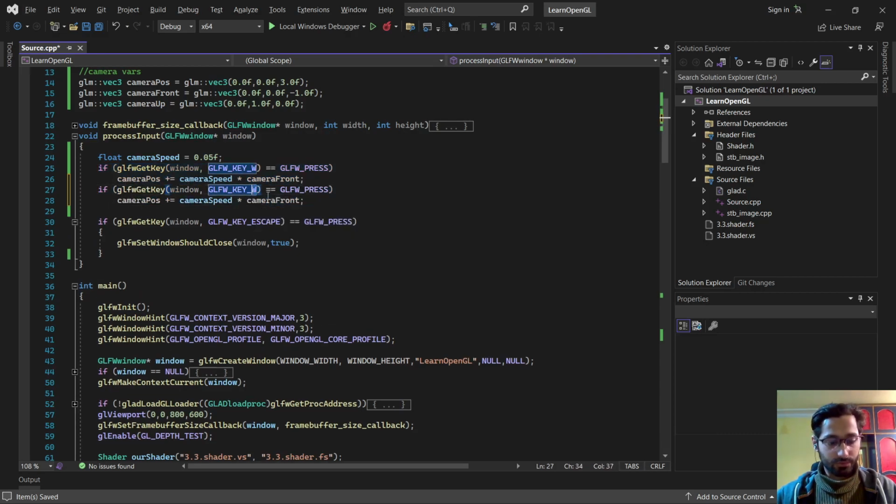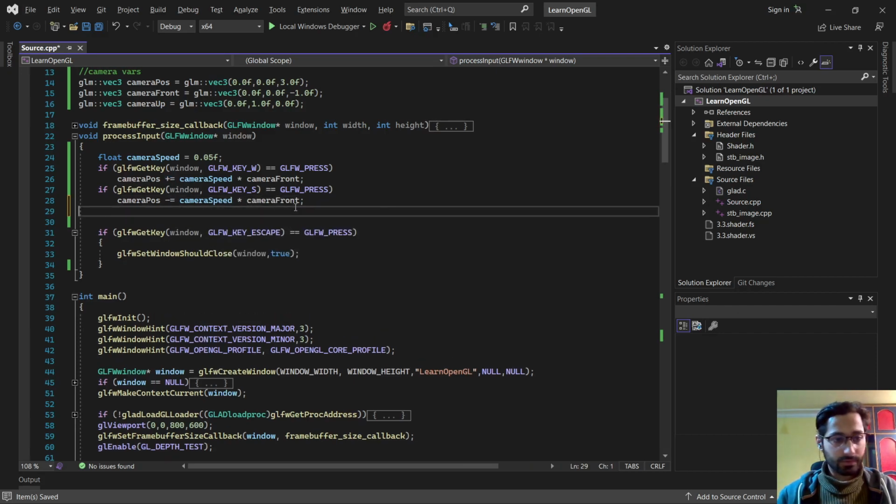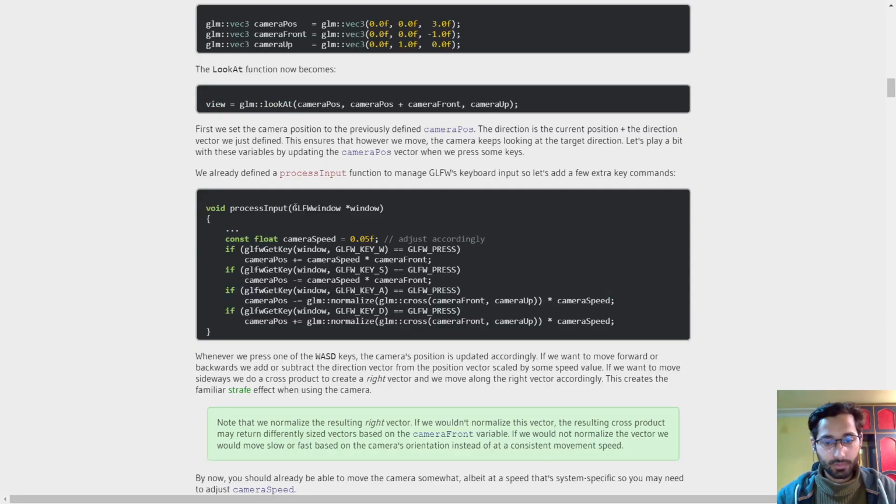I guess to go backwards we will just subtract that, and to go right and left, what are we doing? Okay, we just have the camera front and the camera up, so we're going to take a cross product of that, and that will give us the right vector.